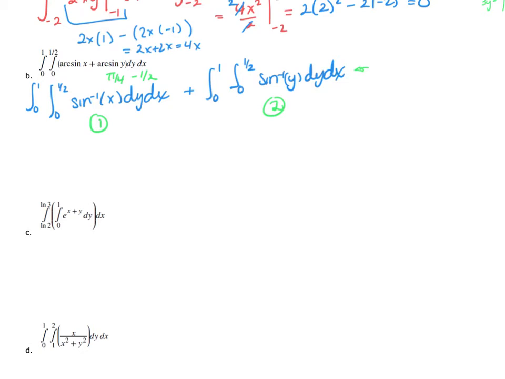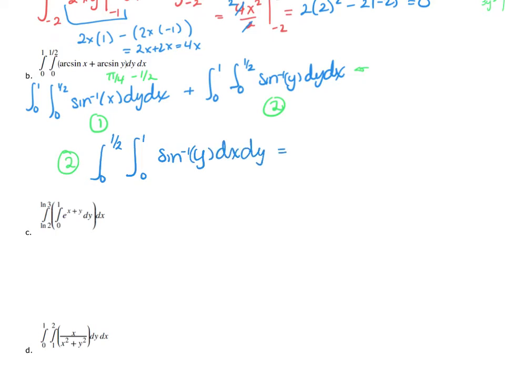So now working with number 2, I'm going to switch my integrations so I can avoid doing the integration by parts until the end. So I'm going to integrate from 0 to 1/2, and then I'll start with the first integration from 0 to 1 of the sine inverse of y, and then dx dy.